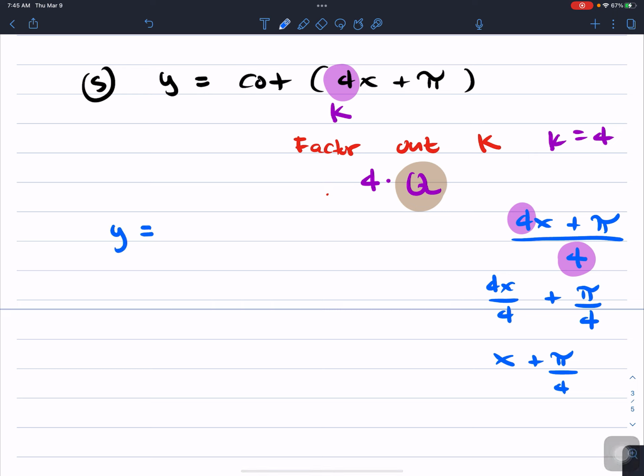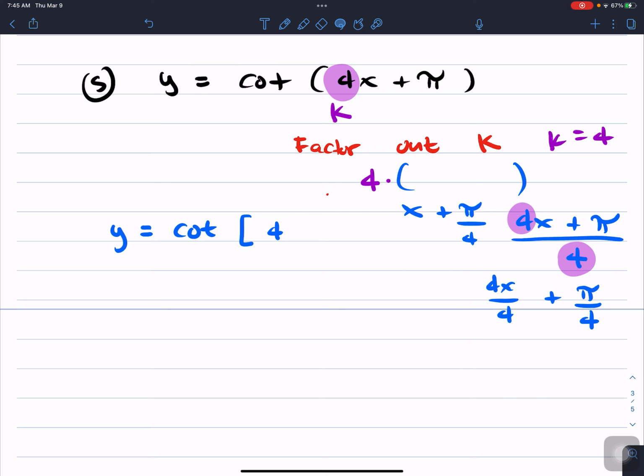So altogether, we have cotangent 4 now. There's my quotient. This is what I replace here. That's the q. That goes right in there. So you're going to have now x plus pi over 4.